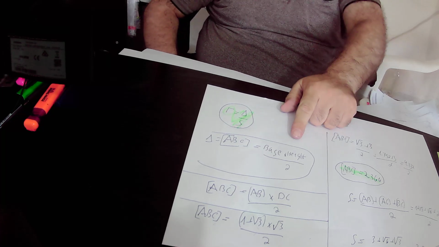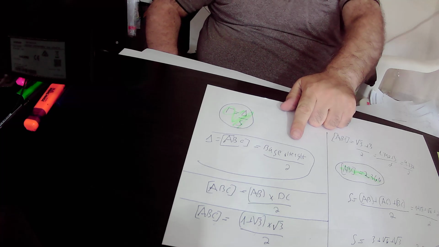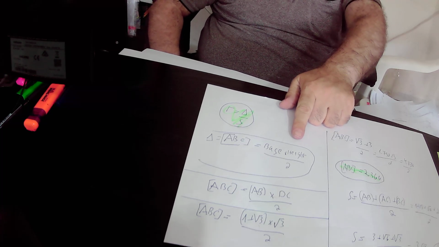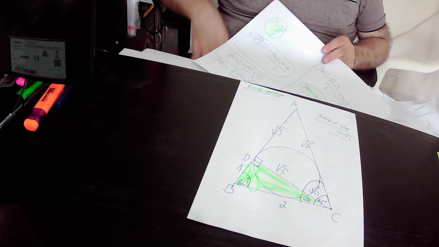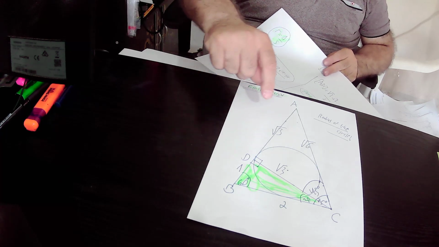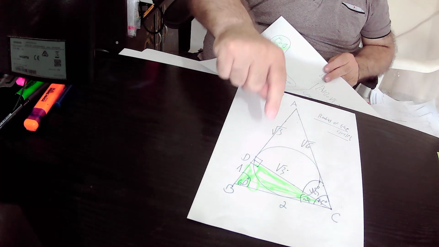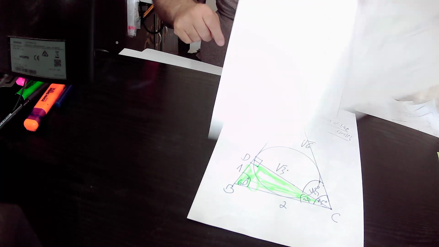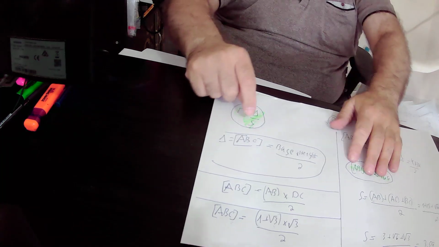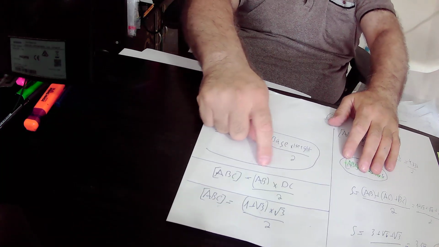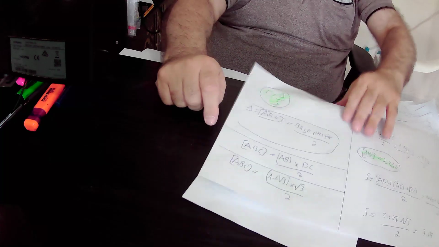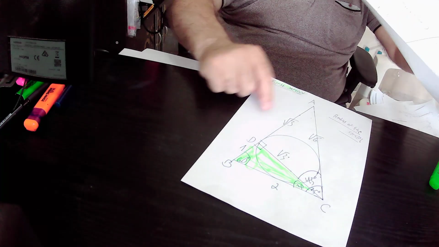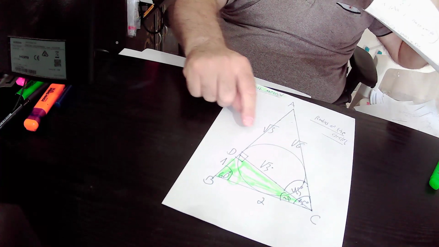The area of triangle ABC is equal to the base times the height over 2. We took the base as AB, and the height to the base is CD. So the area of triangle ABC equals AB times DC over 2. AB is equal to 1 plus square root of 3, and DC is square root of 3.